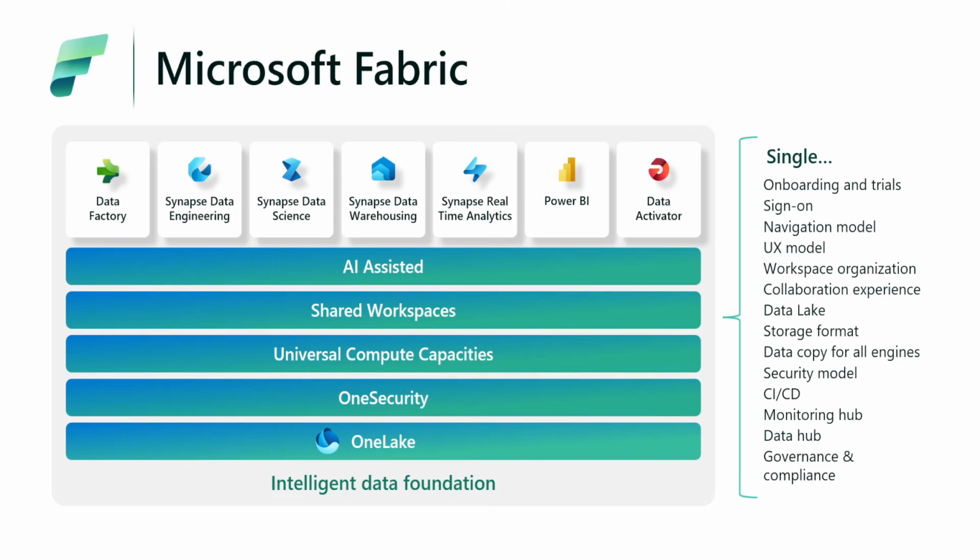We have our universal compute capacities, our shared workspaces that enable you to have interactive and collaborative experiences with other users and domains in your organization, as well as the AI-assisted layers on top of this. That's Microsoft Fabric in a nutshell.